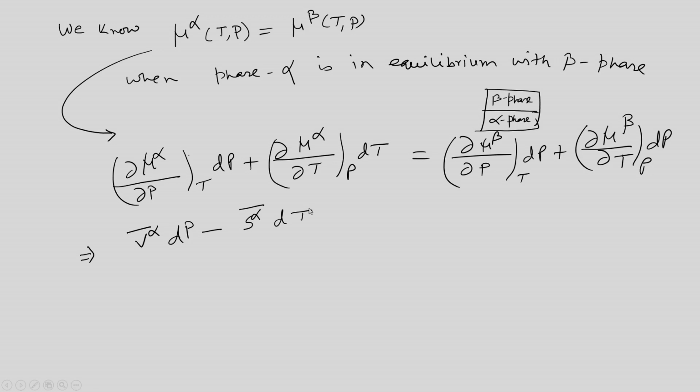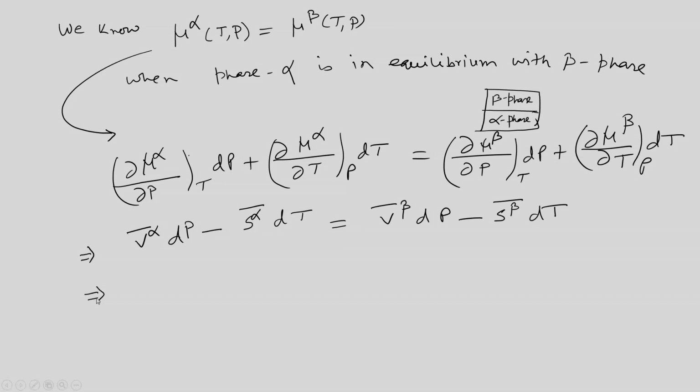So, we can write S alpha bar times dT, and in the right hand side also similarly we can write V beta bar times dP minus S beta bar times dT.